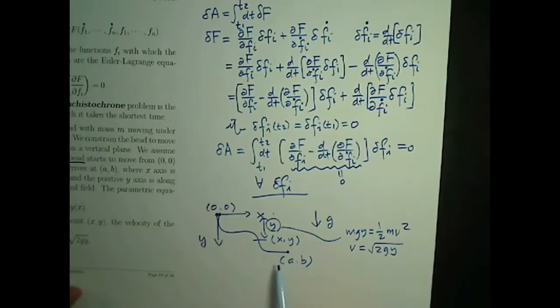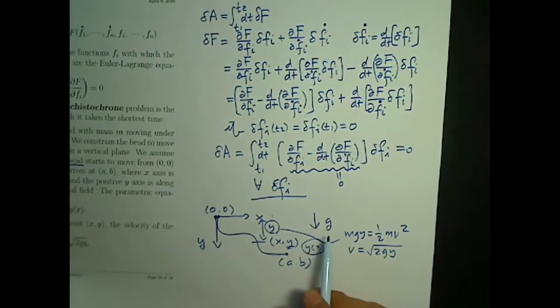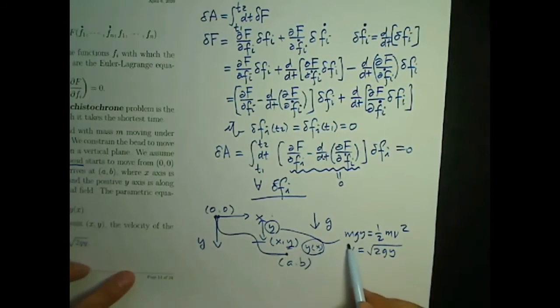This is related to the determination of the function y of x, then minimize the time. We can make use of the conservation of total mechanical energy. This direction is y, downward, parallel to the gravitational field.